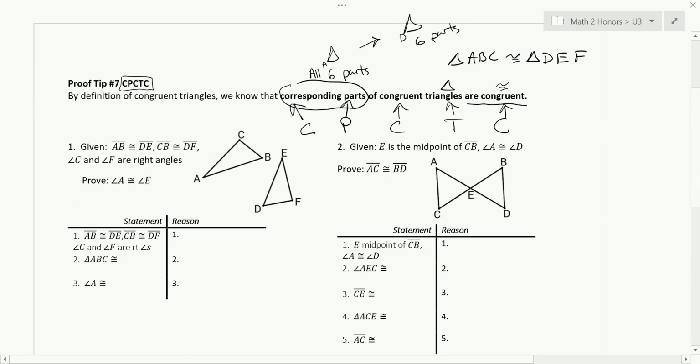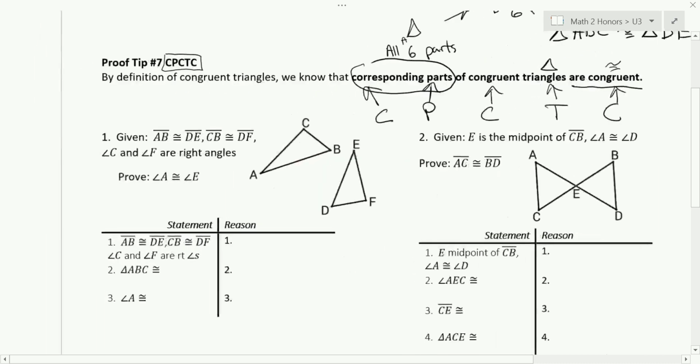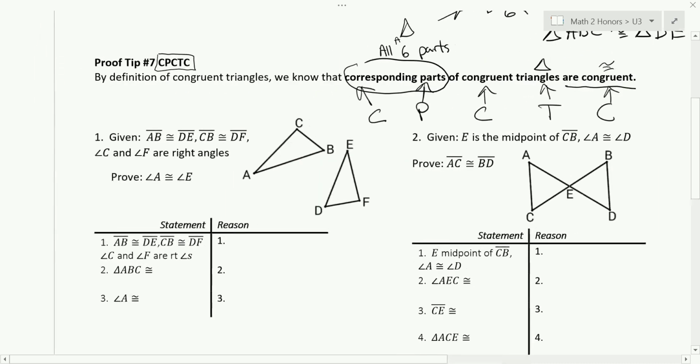So let's take a look at number 1. We have some givens, and we want to state a proof here. We're given that AB is congruent to DE, so this right here is congruent to this right here.